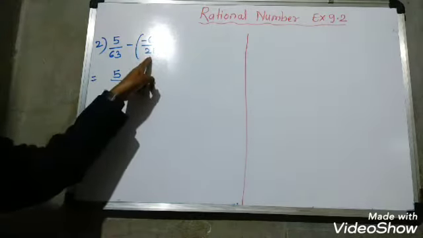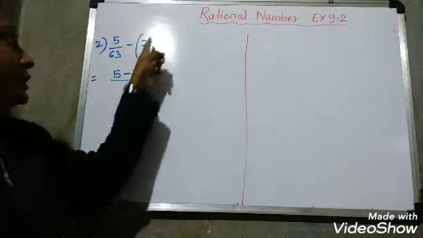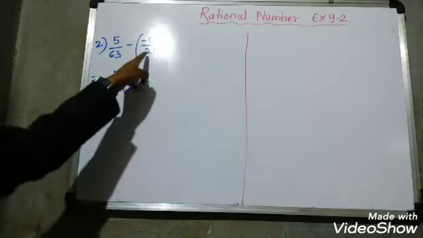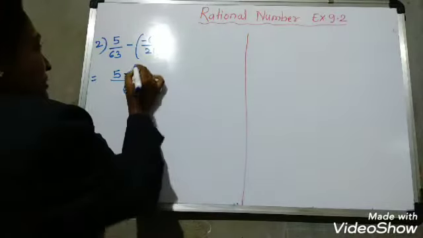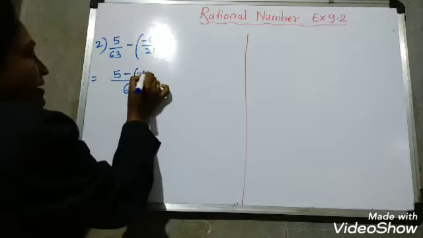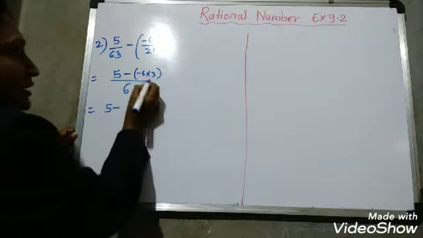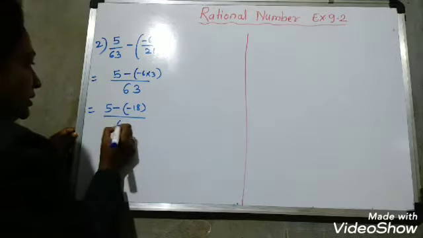Now in 21's table when 63 is coming, first we will write this subtraction sign. In 21's table, 21 3s are 63, which means we have to multiply by 3. So this 6 we are multiplying by 3, minus 6 multiplied by 3. So what you will get is 5 minus, and 6 3s are 18, minus 18 upon 63.